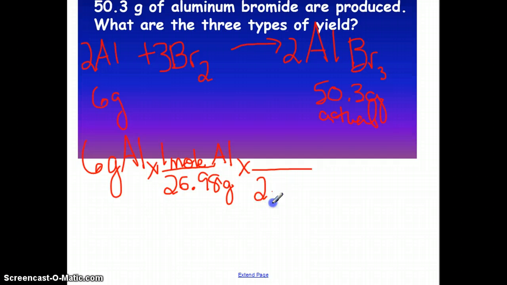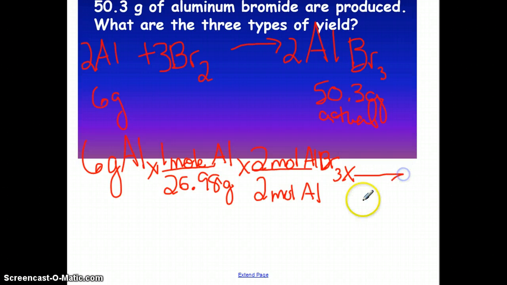We have 2 moles of aluminum, and we're trying to get to aluminum bromide, and we see that we have 2 moles of that as well. Lastly, we need to get to grams of aluminum bromide, so we need to know the molar mass of aluminum bromide.